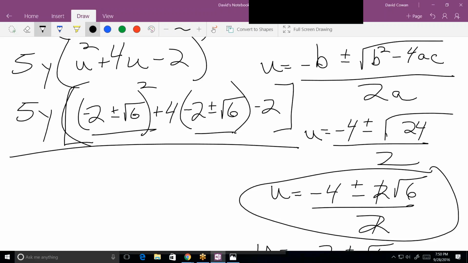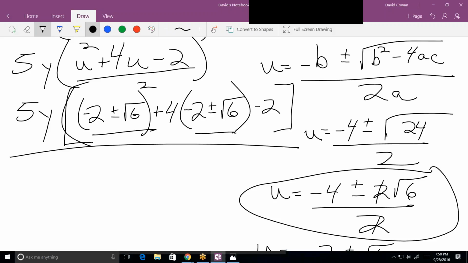That's why I said uh-oh when I saw that, because that doesn't factor nicely. It factors only using the quadratic formula, which makes the problem a lot more complicated.